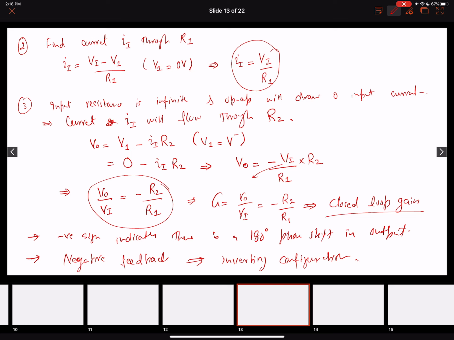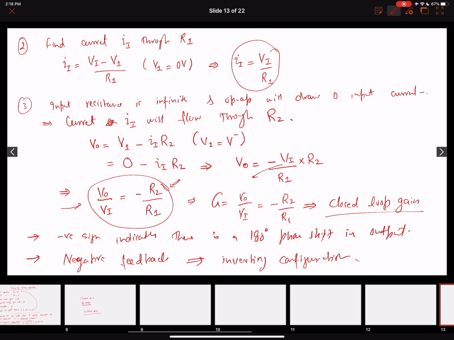And what we ended up doing is, rather than using that, we ended up using this inverting configuration and converting that into a much more reliable, much more predictable gain that we can design. So we can select different values of R2 and R1 to design our amplifier circuit to achieve a desired value of the gain that we want. So this is the inverting configuration.